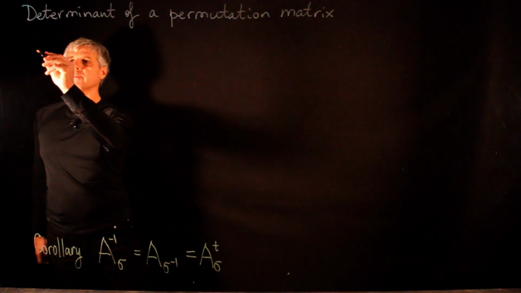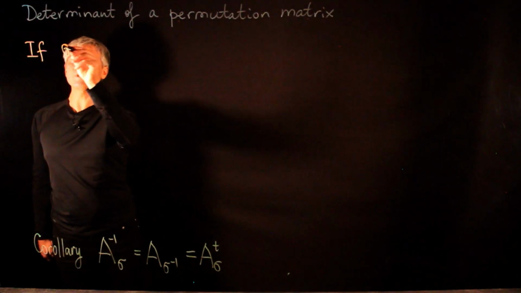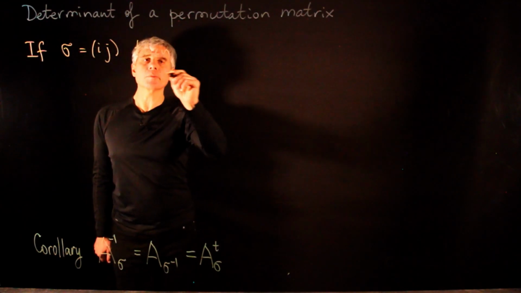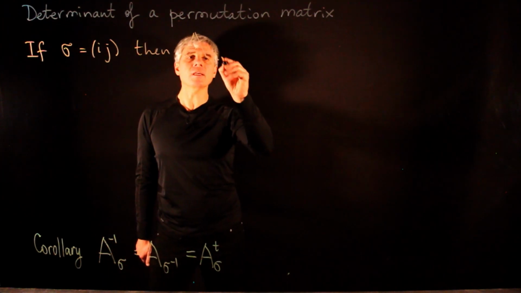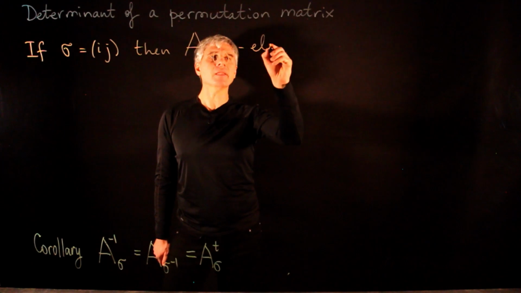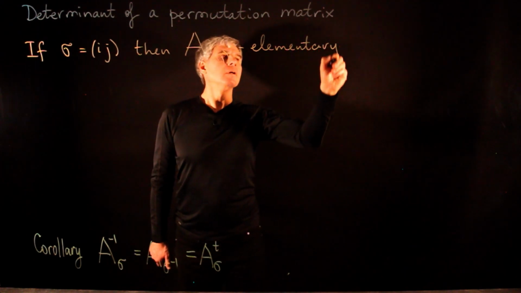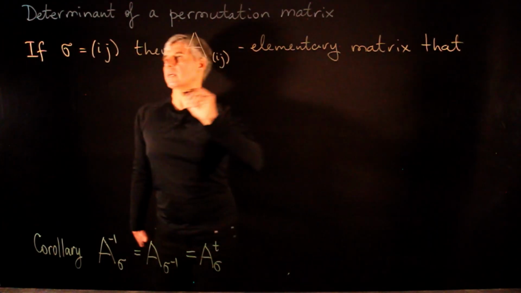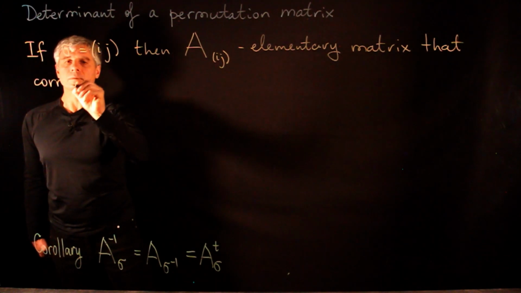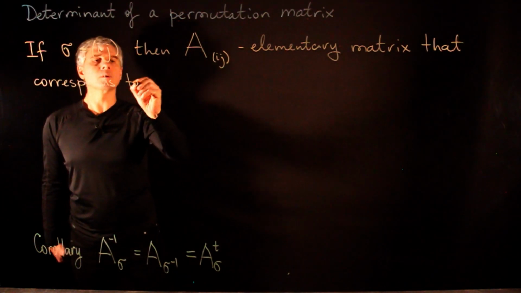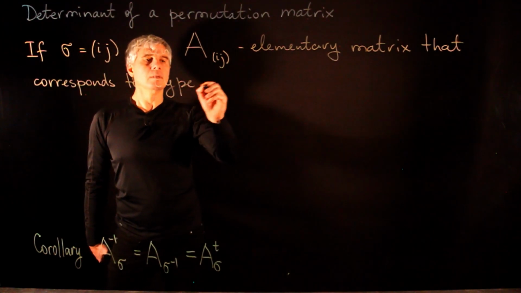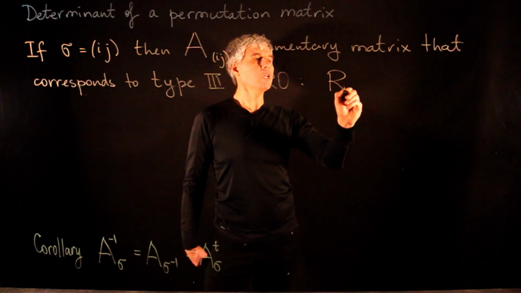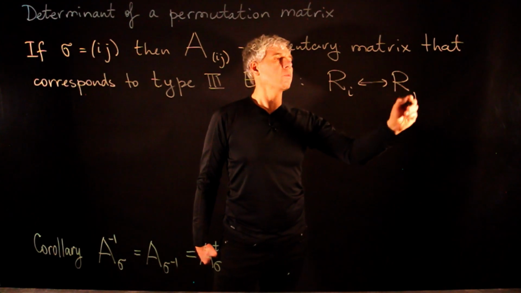We begin with the following observation, that if sigma is a transposition ij, then the corresponding permutation matrix Aij is nothing but the elementary matrix that corresponds to the type 3 elementary row operation. So that is the elementary row operation when we switch row i with row j.